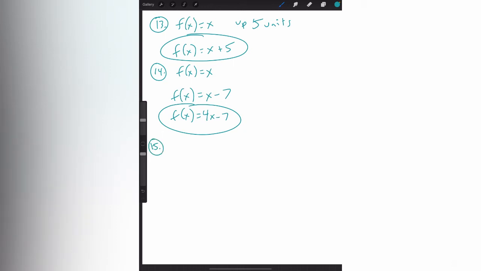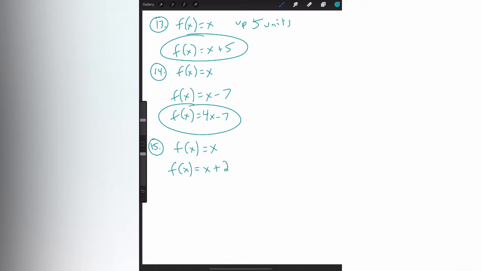Number 15 says a translation. So I'll start with f of x is equal to x. That's what I'm starting with. A translation up 2 units. And then the reflection in the x-axis.